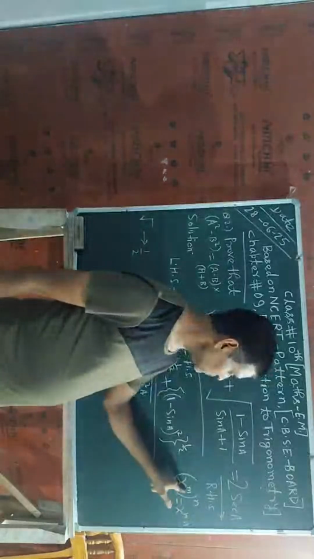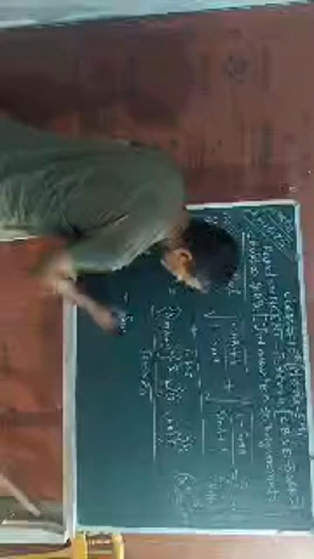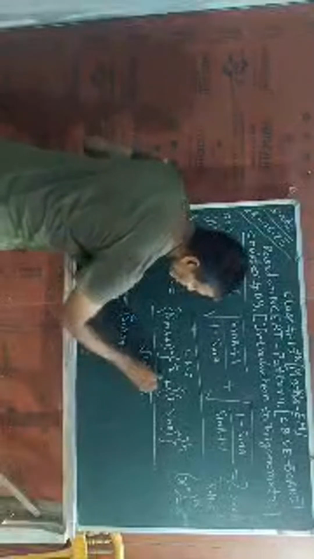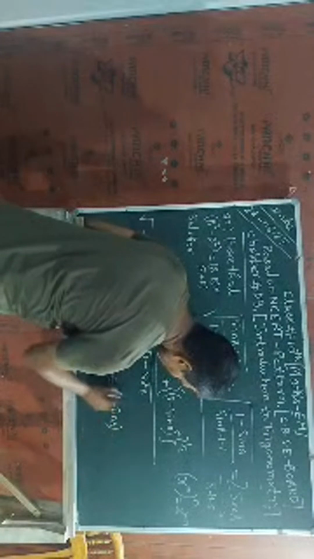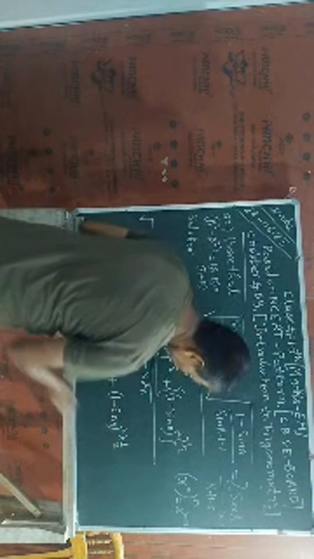This is base and this is power. So here I write sin A plus 1 to the power 2 into 1 by 2. Now here plus sign, and here 1 minus sin A whole square. Now the power is 1 by 2, so I will put 1 by 2.